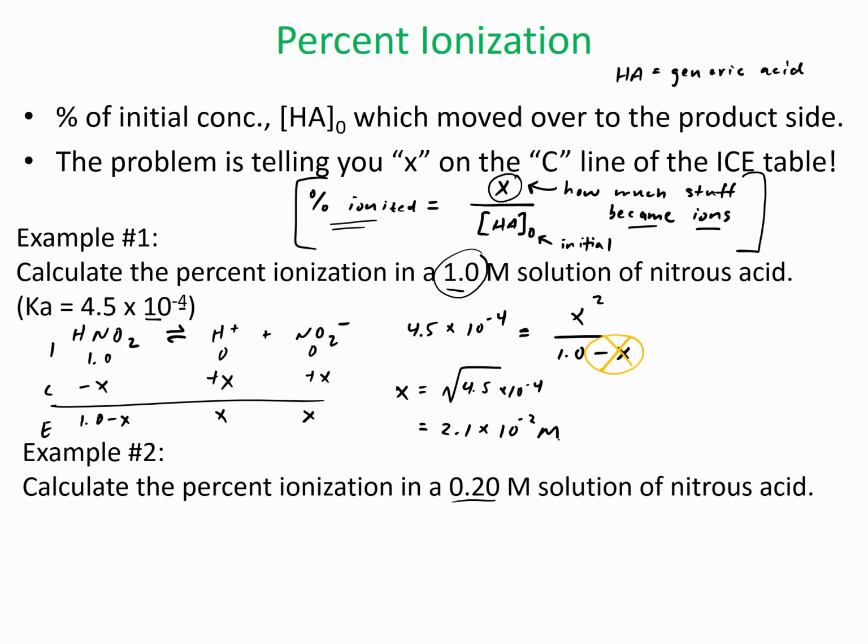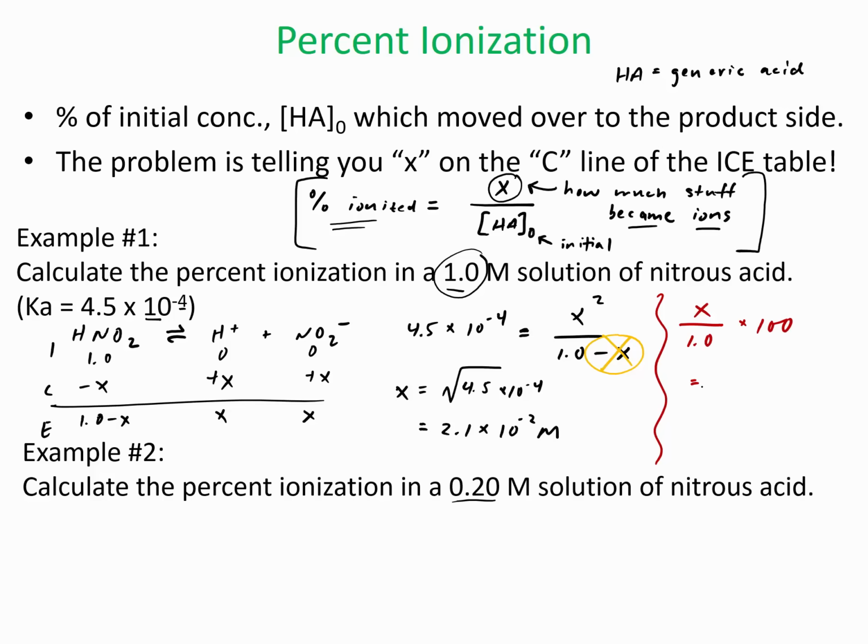So what I just figured out was this number. I want to get the percent that went over there. So what fraction of the whole is this 2.1 times 10 to the negative 2? My whole, what I started with, was 1.0. So for percent ionization, I go X over the initial, which is 1.0, and then multiply by 100.